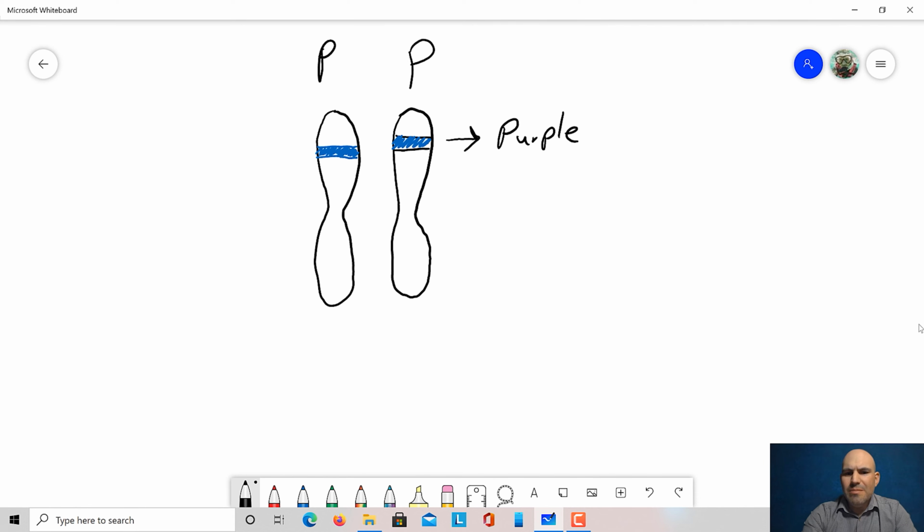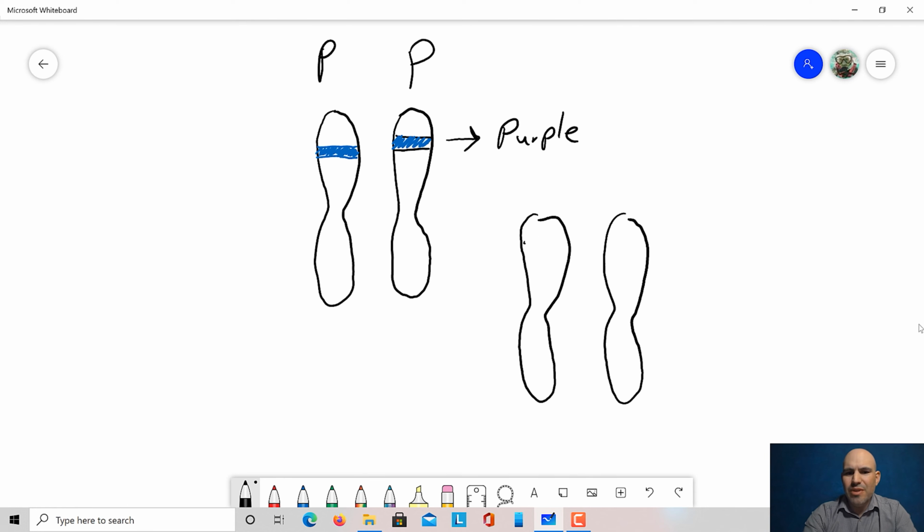But what does it mean to be recessive? And so really, a recessive gene is a broken gene. So let's look at what that would look like. So let's say that we have a heterozygous pea plant. So it's got a purple allele and it's got a white allele.